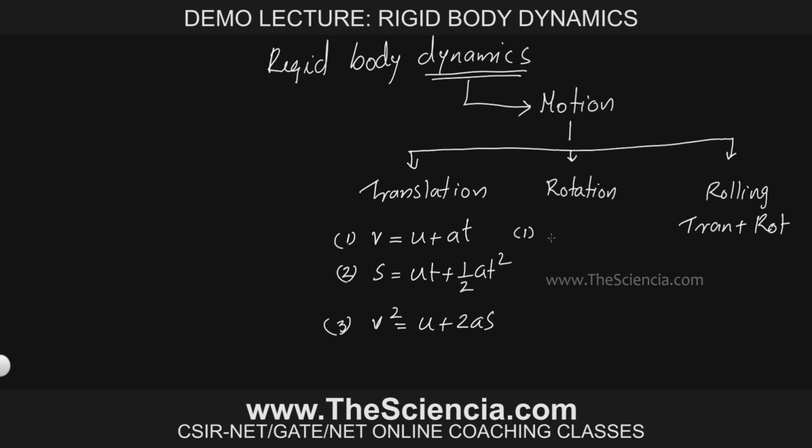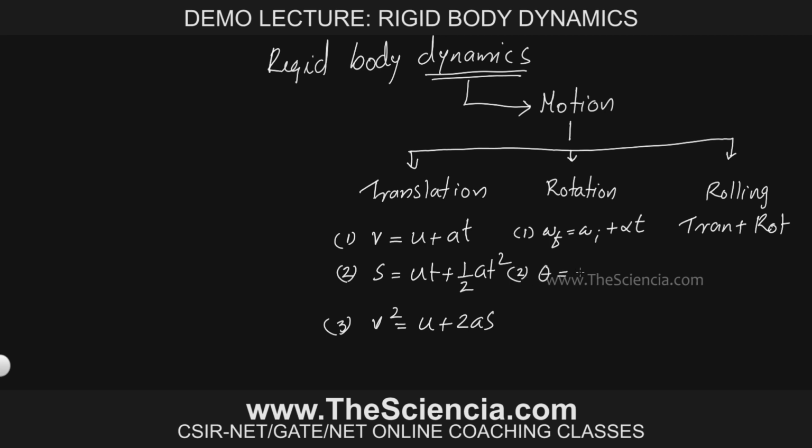What are those? First one is omega f equal to omega i plus alpha t. Omega f is the final angular velocity, omega i is the initial angular velocity, and alpha is the angular acceleration. And the second one: instead of s, here it is theta.